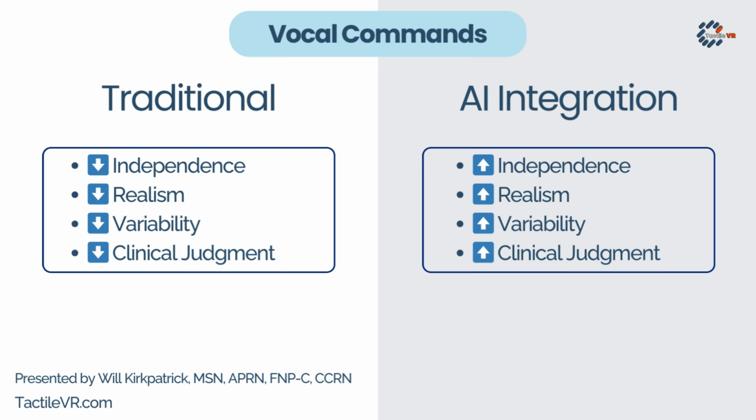Versus dynamic AI communication, it gives the user more independence because they have to independently think about the questions they should ask, more realism as it's actually replicating what they would do with real patients versus using a mouse and a keyboard, better variability, which gives the student more realistic practice on demand, better clinical judgment as it is allowing the user to have free world thinking and make clinical judgments themselves without an application prompting them to do so.